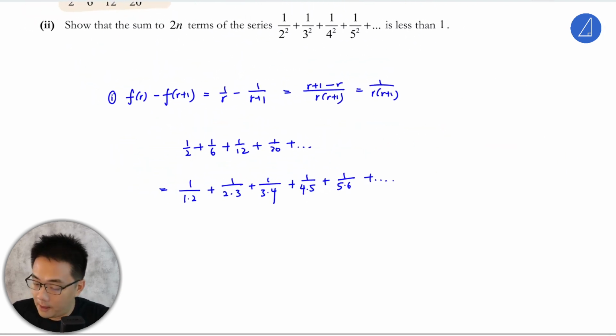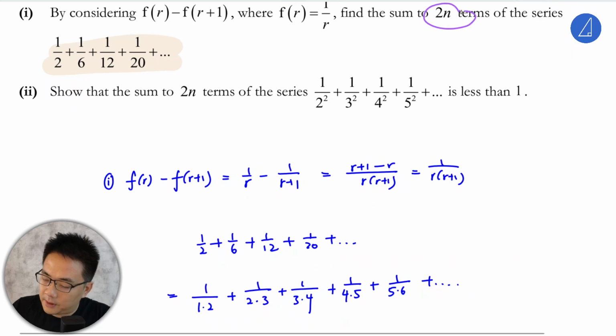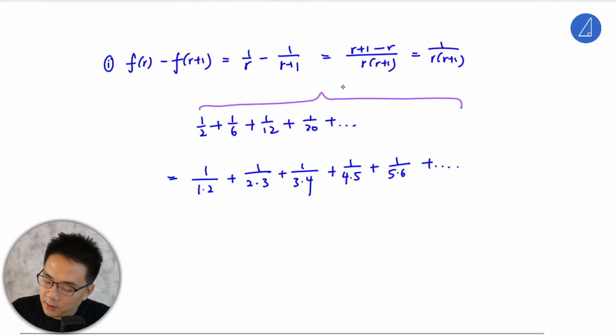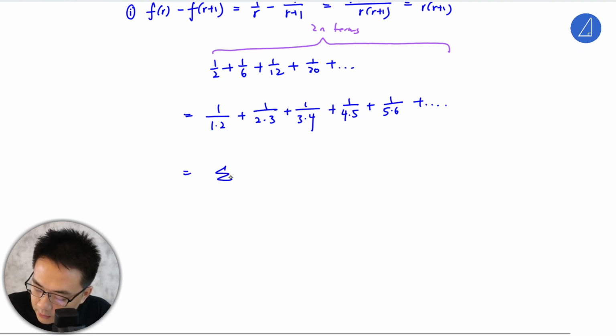Okay, so you want 2n terms. 2n terms meaning we start with 2n terms. If we write this in sigma notation, it is r equals 1 to 2n.